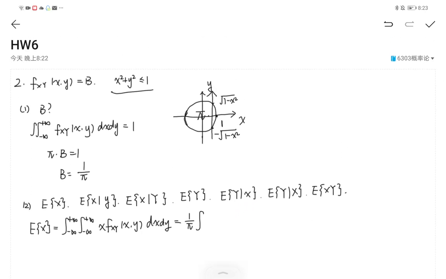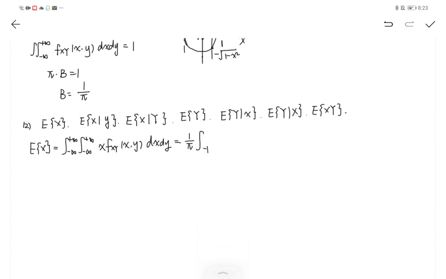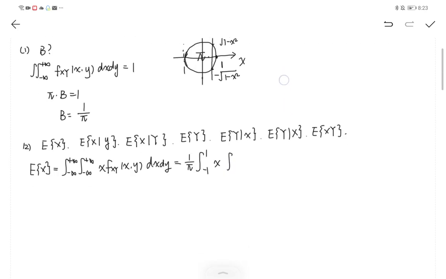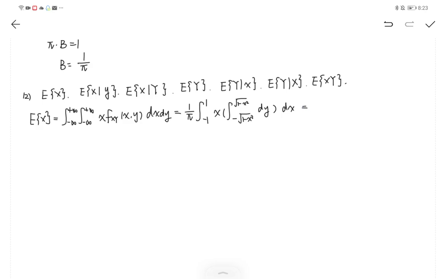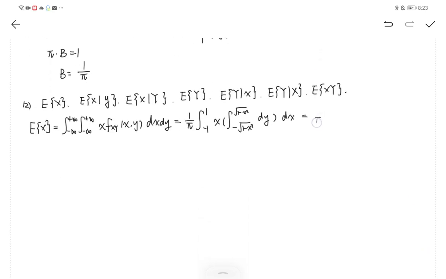We can see the range of x is from minus 1 to 1, and for y it is from minus the square root to plus the square root, dy, and this is dx. So it equals 1 over pi times the integral from minus 1 to 1 of x times 2 times square root of 1 minus x to the power 2 dx.